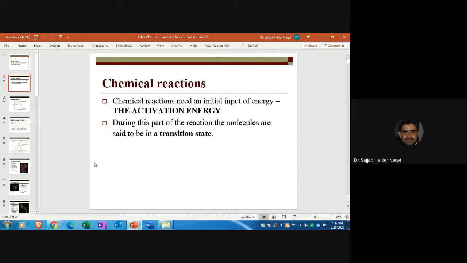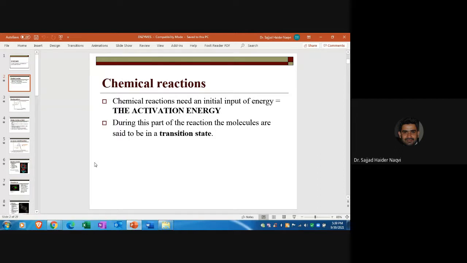As it is written here, chemical reactions require an initial input of energy in order to carry out the reaction, in order to proceed with the reaction. That particular input of energy is termed activation energy.